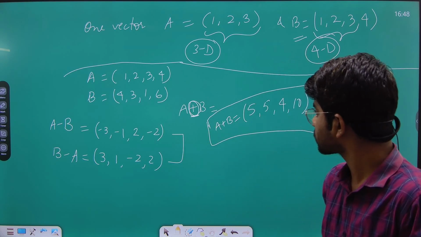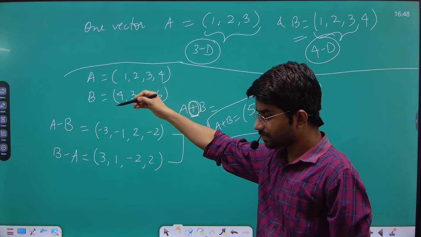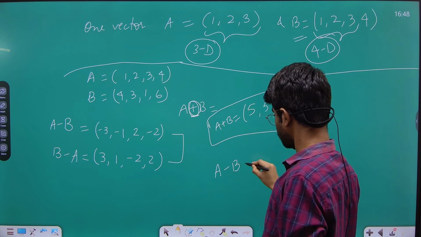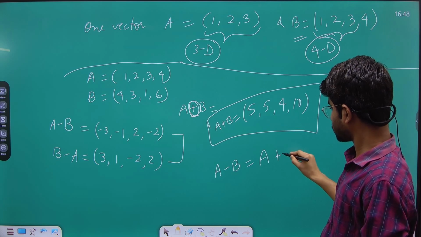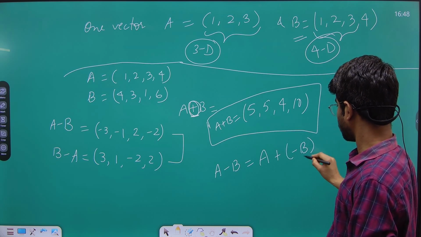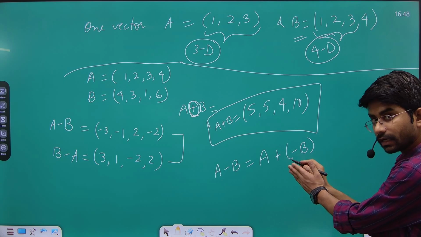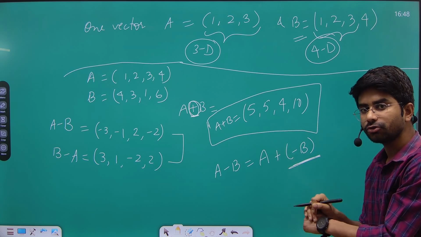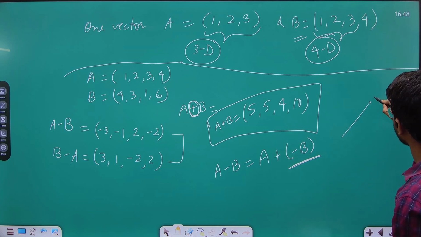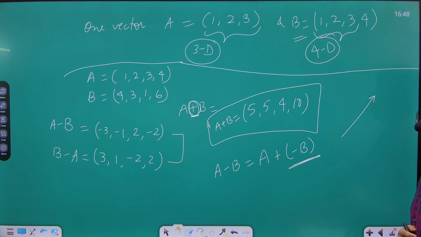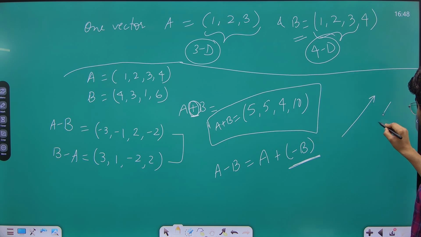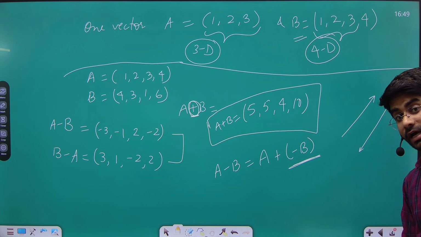A minus B means A plus minus of B. That means you are adding the negative of B. Suppose a vector has this direction, then the negation of this vector would be just of the opposite direction with the same length.